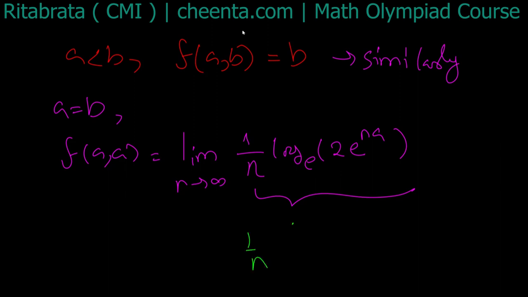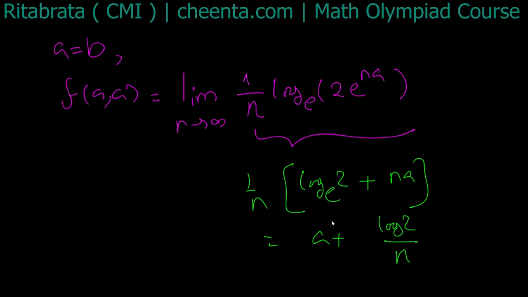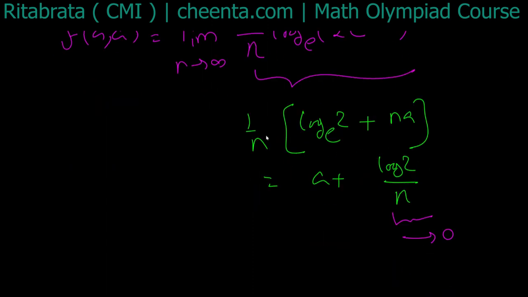This is 1 by n times log 2 plus log base e of e^(na), that is just na. So that is just a plus log 2 by n, and if you take n tends to infinity, this goes to 0. So for a equal to b, f(a, a) equals a.